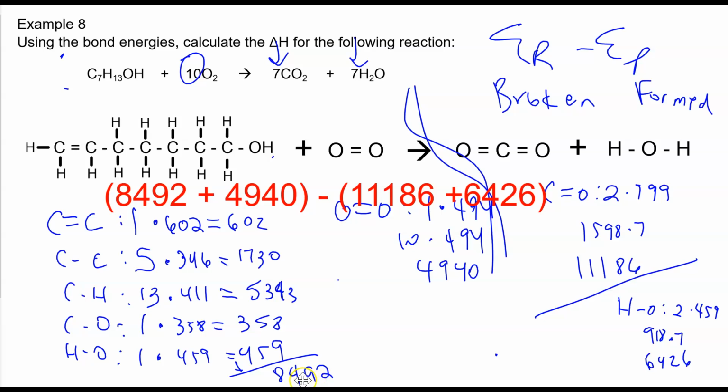So this was a reactant, 8492. This is the other reactant, 4940. Products, 11186 and 6426. So this is the reactant side and the product side. Now we're going to sum this side, sum that side, and subtract the two. Let's go through and do that.